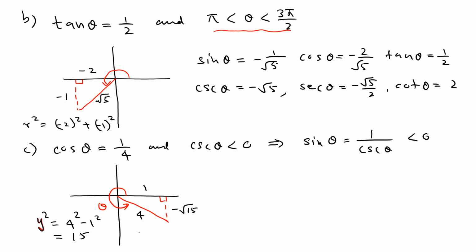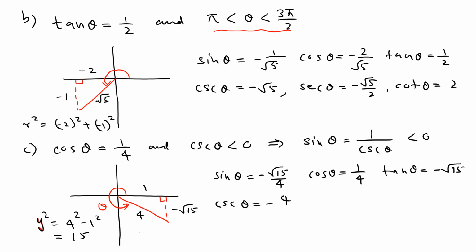So we have sine theta equal negative square root 15 over 4. Cosine theta is 1 over 4, and tan theta is negative square root 15, and the cosecant theta is negative 4 over square root 15.